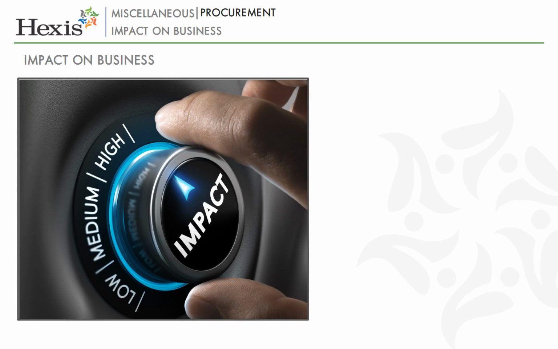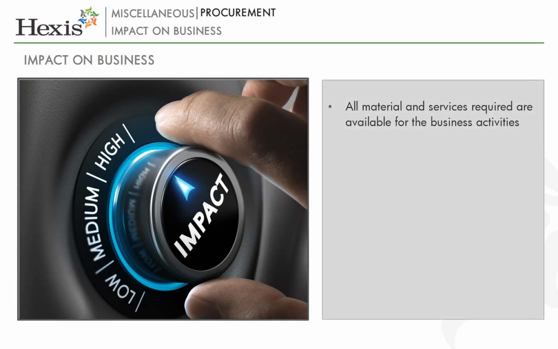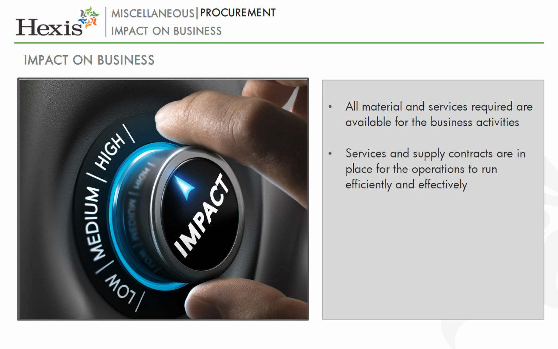Let us understand the impact of procurement on business. For any business to run, it is important that all material and services required are made available for the business activities. Facilities management is no different. It is important that all requisite services and supply contracts are in place for the operations to be undertaken efficiently and effectively.